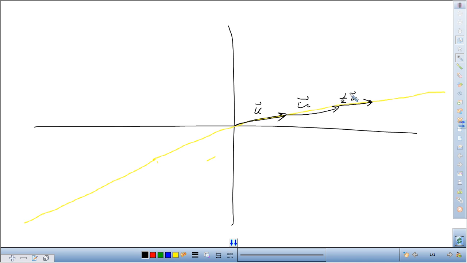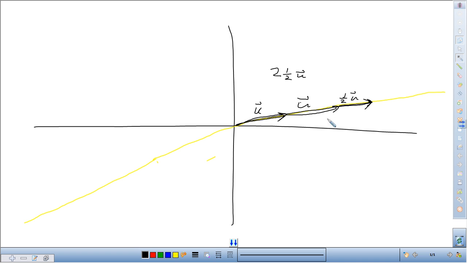So to get to this point, it's 2 and 1/2 u. The vector all the way out to here is in the span of u.